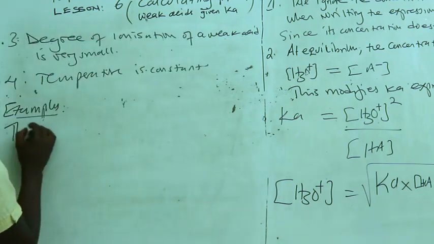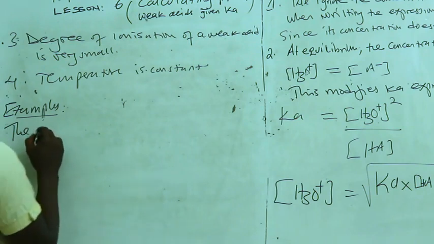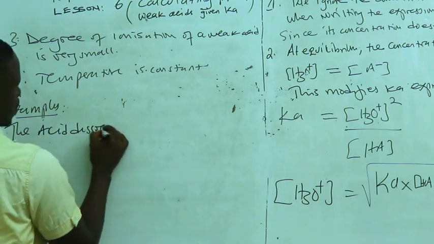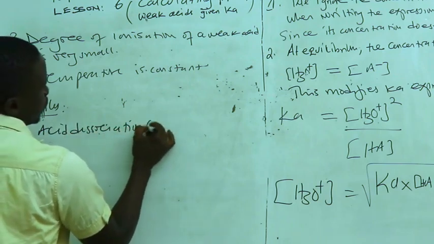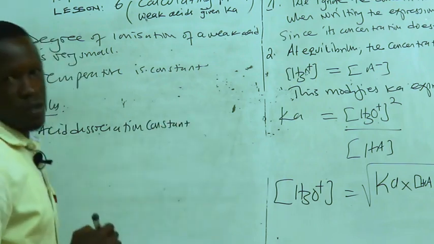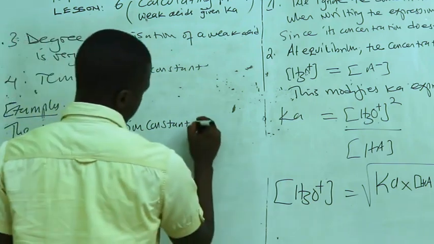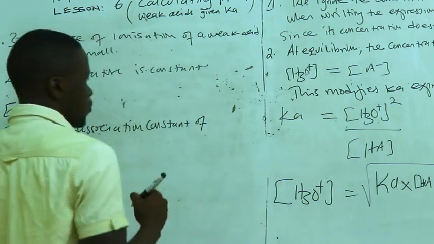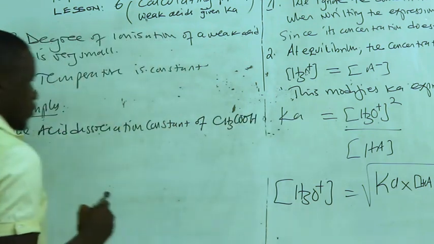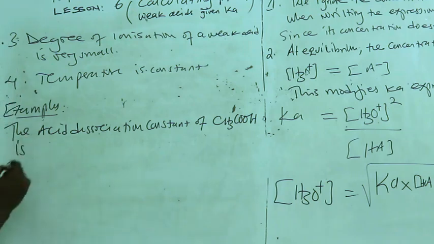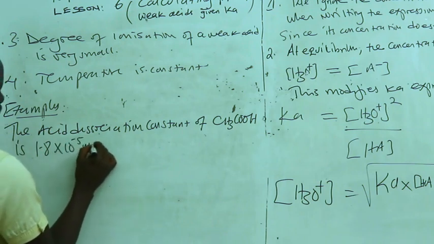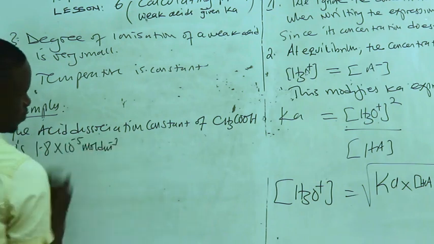We are saying the acid dissociation constant of ethanoic acid is 1.8 times 10 power negative 5 moles per decimeter cubed.